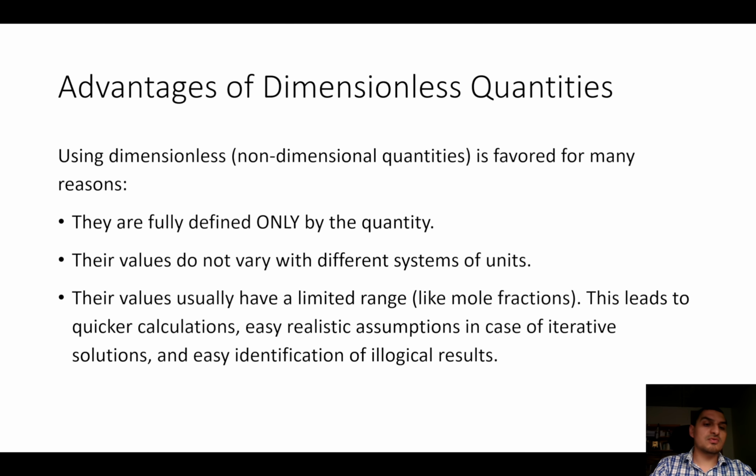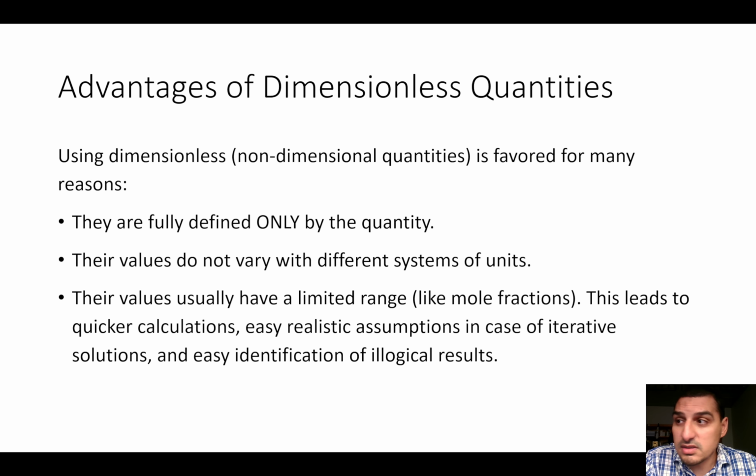And this is very useful for many reasons. The first is for cases where we are doing an iterative solution, meaning that we are solving by trial and error. We assume a value and then we recalculate it. So the solution can converge quicker if you assume a value that is closer to the final answer.